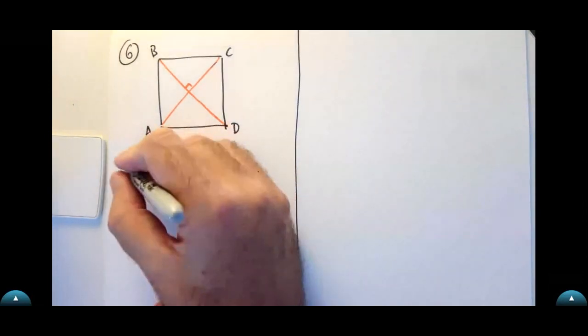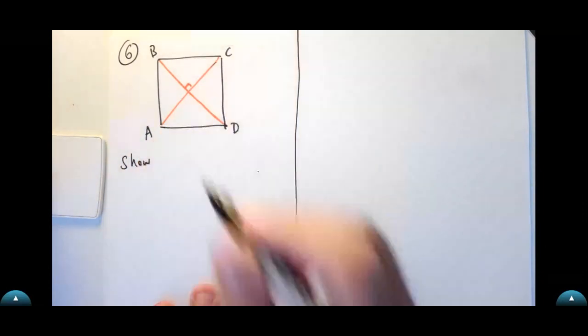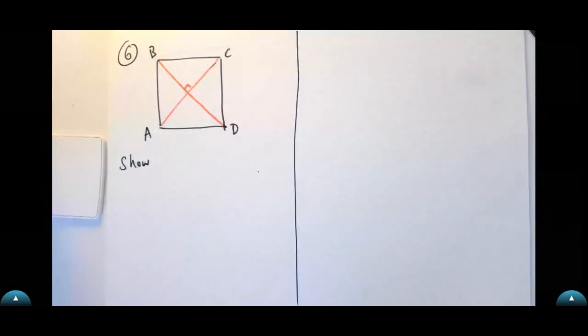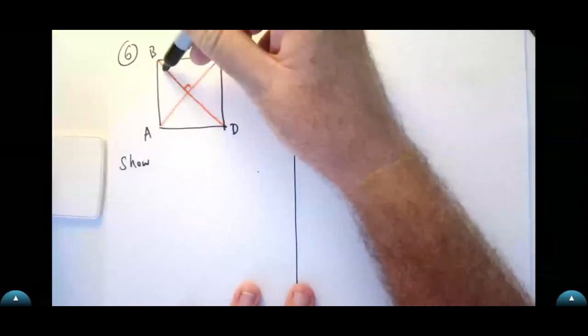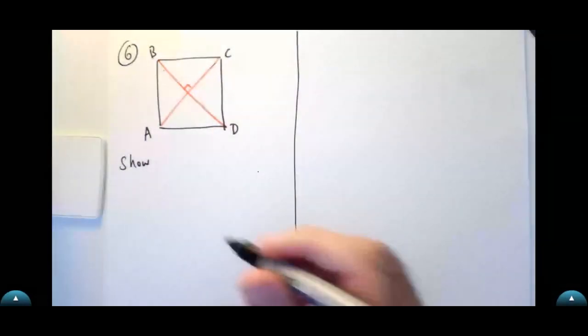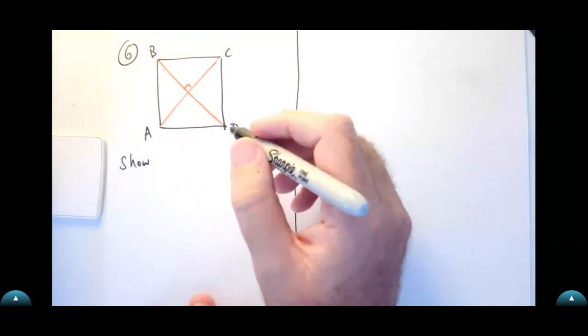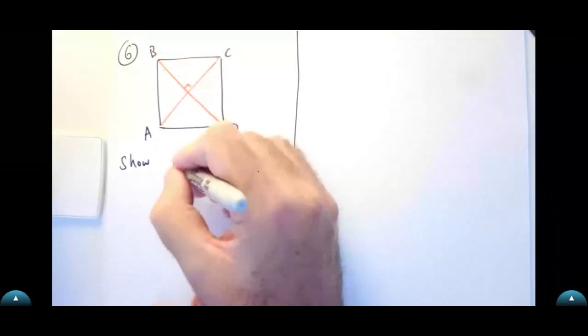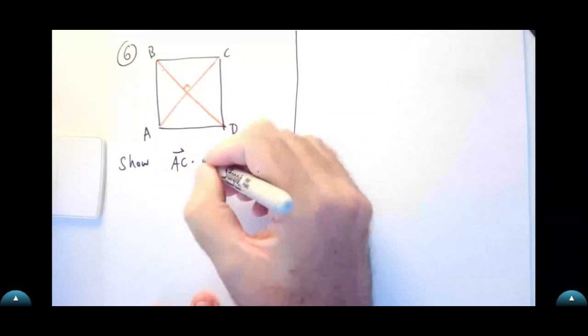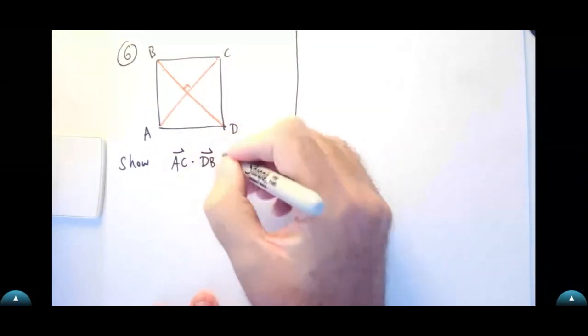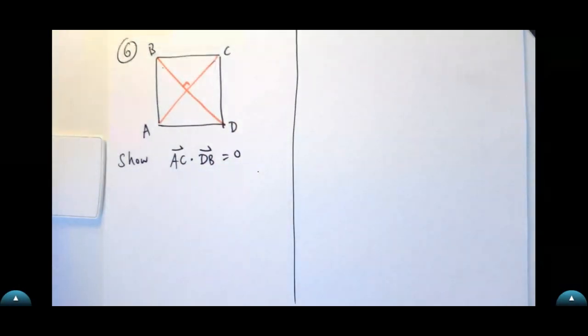Okay, so what I'm going to do is just outline what our strategy is, right? So let's look at this vector and show that their dot product is 0. Okay, I've got mine slightly around the wrong way from the chat, but that's fine. That's not a problem.